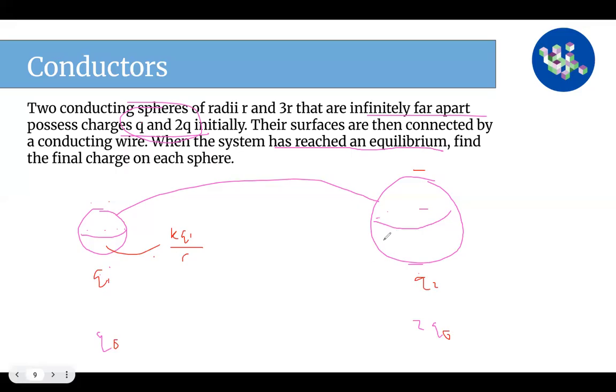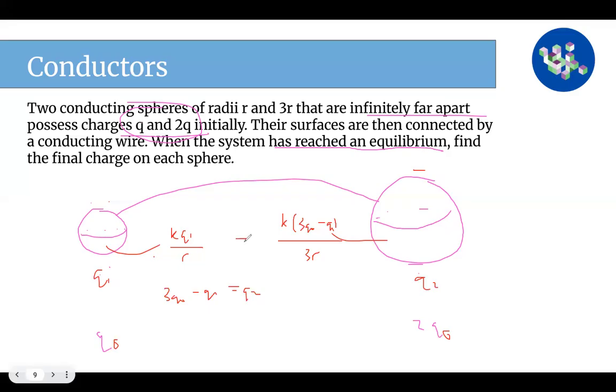And for this one, it's similar: KQ2 divided by 3 small r. But how can I express Q2 in terms of Q1? Well, I know that the total amount of charge stays the same. So Q2 equals 3Q0 minus Q1, because Q2 plus Q1 equals 3Q0. So that means K times (3Q0 minus Q1) divided by its radius, which is 3 small r.